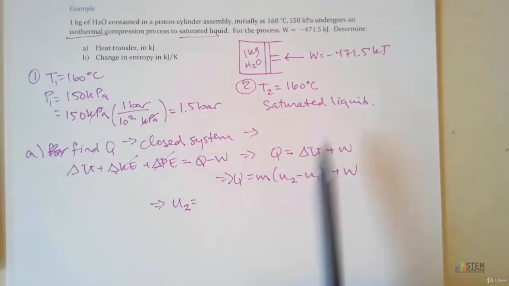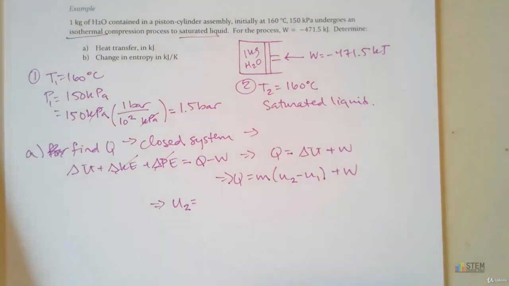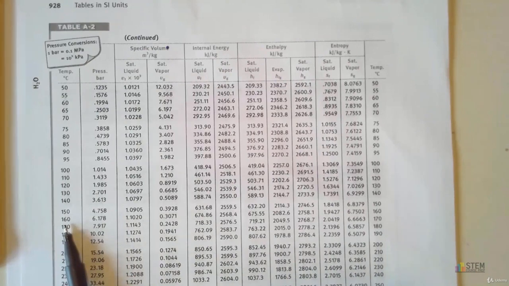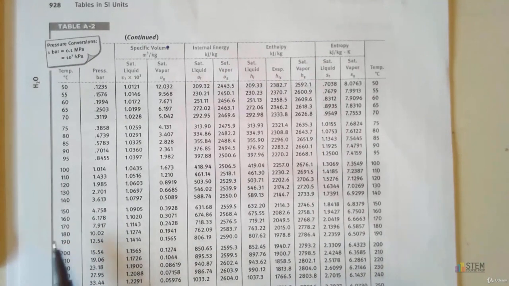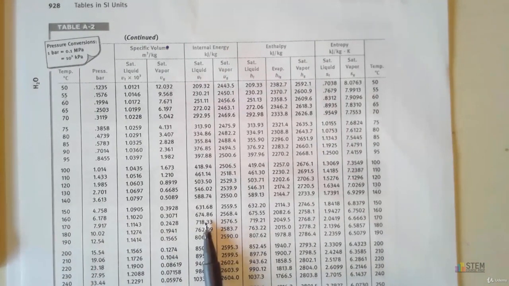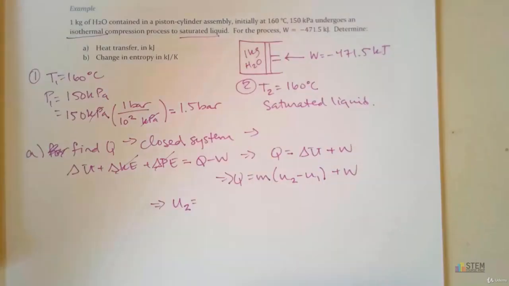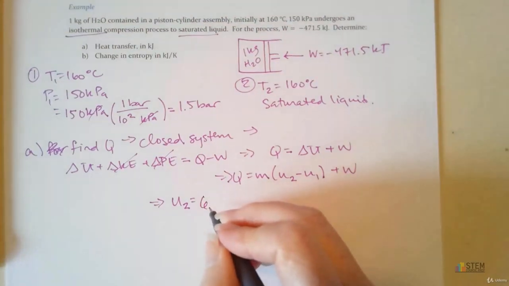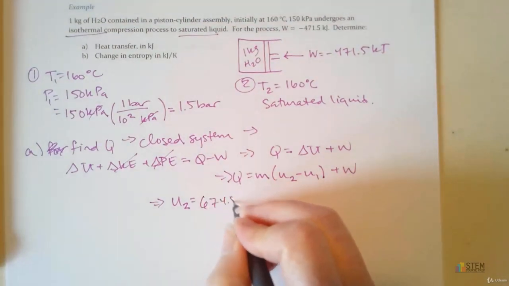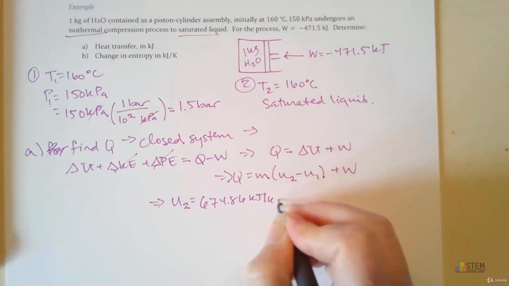What we're going to do, we get saturated liquid, we go to our saturated water table, we look up temperature is 160, and then we just look over here and we get saturated water. So we got 674.86. So that's our value we need for U2. And that's kilojoules per kilogram.